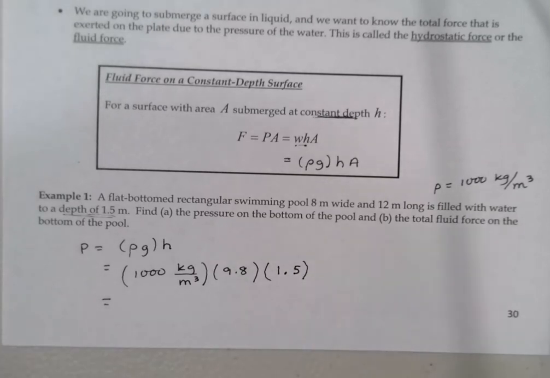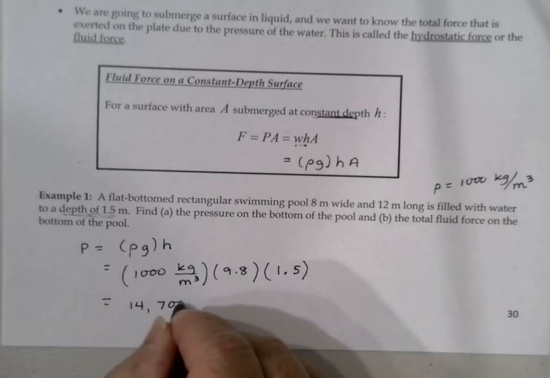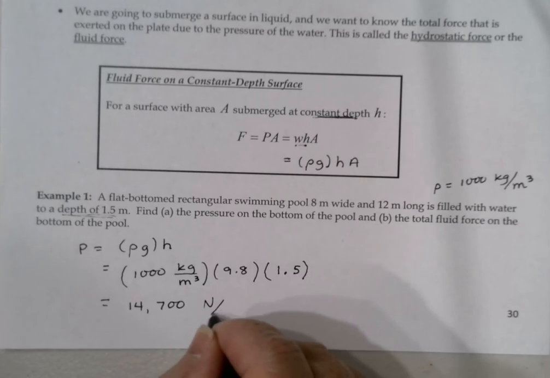So the pressure, if I just multiply this out, gives me 14,700. And pressure here would be in the international system, so that would be newtons per square meter.